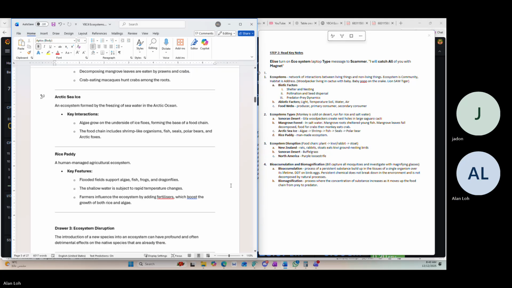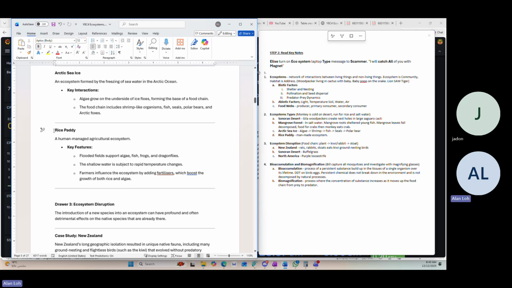Done? Okay, last one. Rice paddy. Drawer number 2B. Yes. Let's read, please.